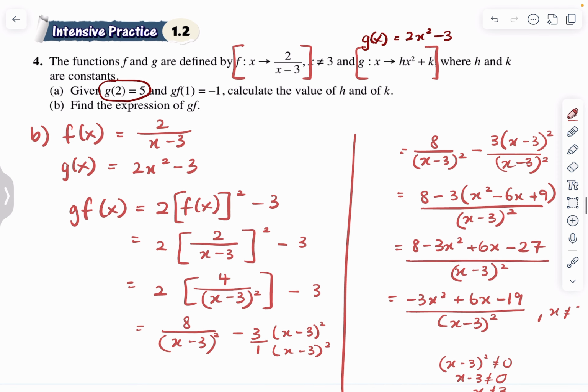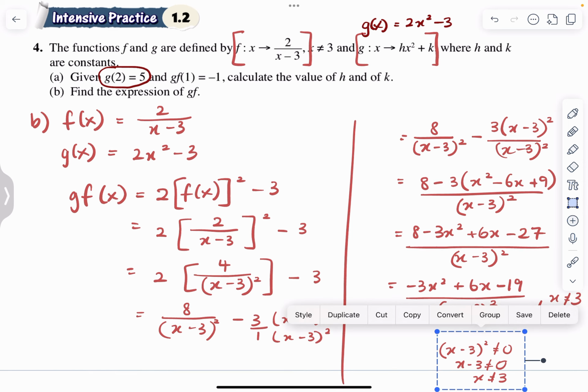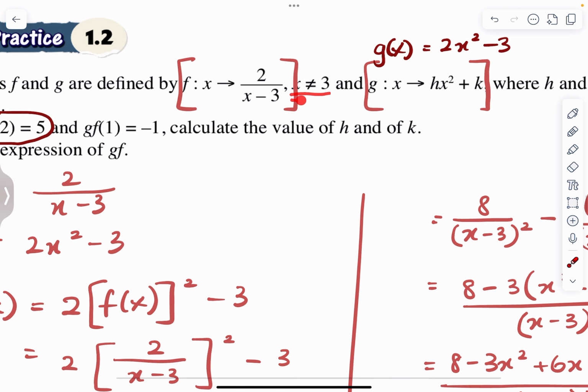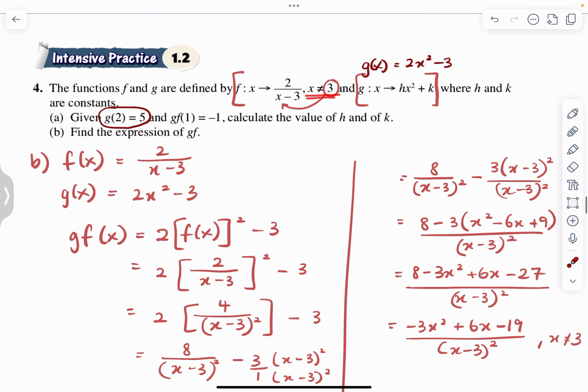So that's our condition. x cannot be 3. This one you no need to show in your exam. Okay, you do somewhere on a rough paper. Because when you put x as 3, 3 minus 3 is 0. 0 squared is 0. Denominator cannot be 0. Okay, so you must state this condition. You see, here also they stated the condition where x cannot be 3. Because when x is 3, 3 minus 3 becomes 0. So denominator cannot be 0. So this is just the condition. Right. That's it.